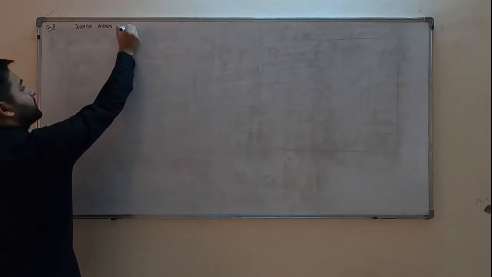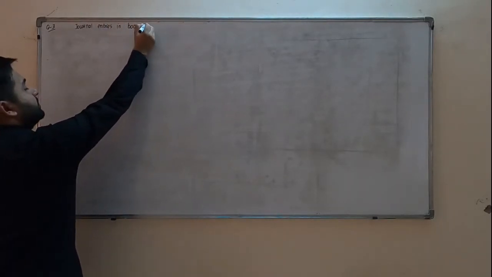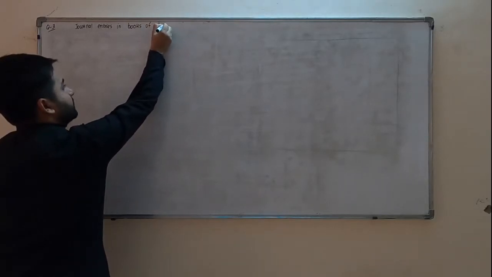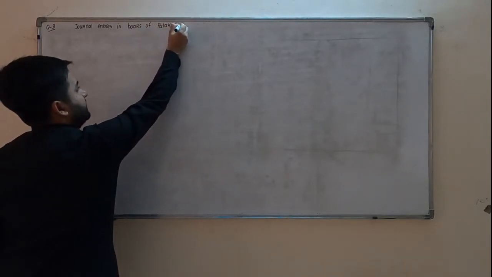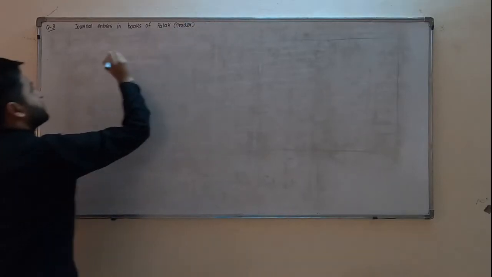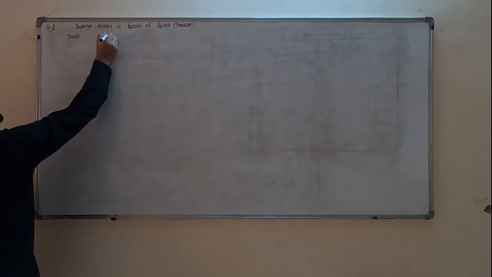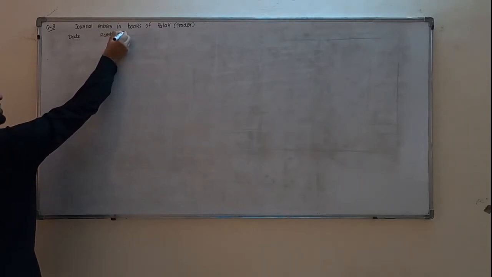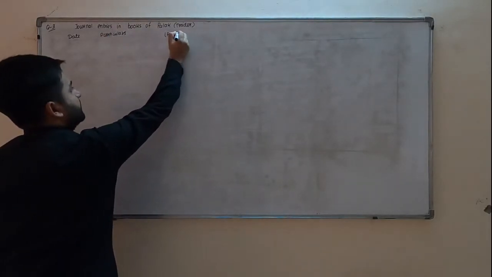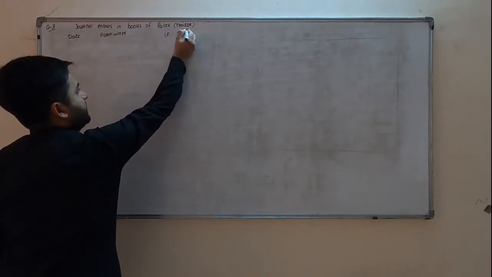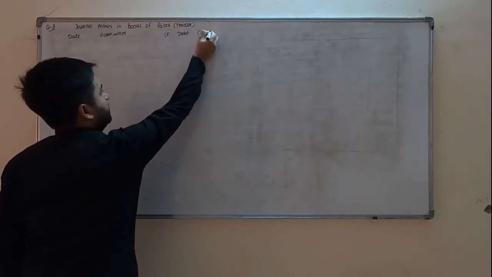So this is question number 3. Journal entries in books of Palak. Palak is selling the goods, so Palak is the trader. Date, particulars, LF, debit, credit.